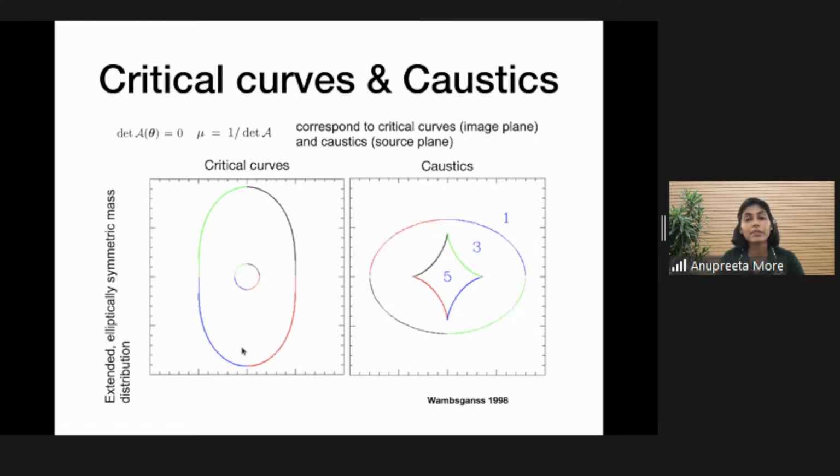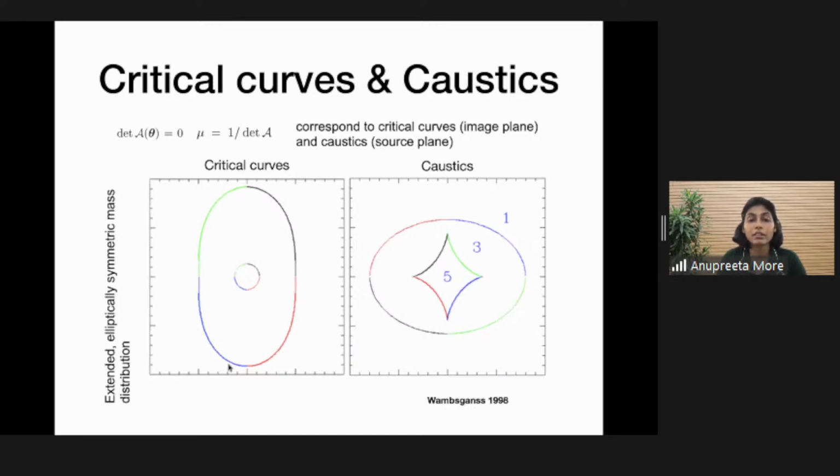Another interesting thing we can see from these typical lens systems that are found for galaxy scale lenses. There are certain special situations that we can analyze. If you look at this Jacobian matrix and take its determinant, there are locations in the lens plane where the determinant goes to 0, and these colored contours show exactly those locations.